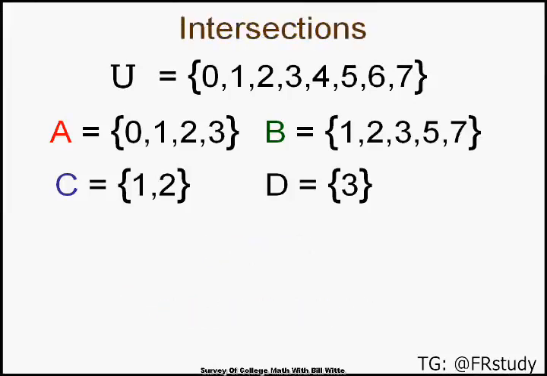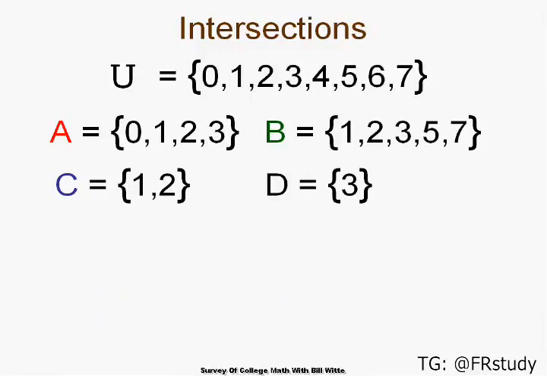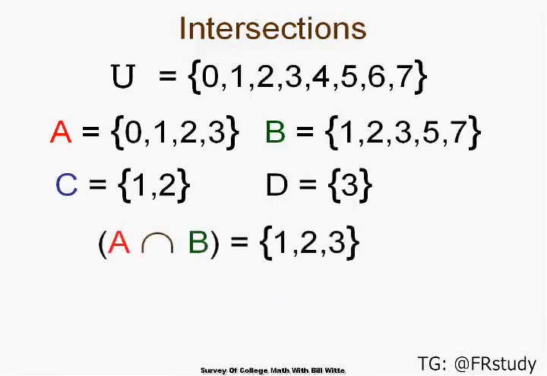Now, let's talk about an intersection or intersections of sets. The definition, A intersection B, and that's the upside down U. That's A intersection B, is a separate set. It's a set of all the elements that belong in both set A and at the same time also belong in set B. Let me see if I can give you an example.